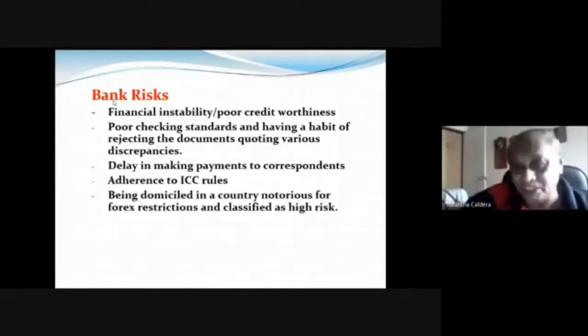Then poor checking standards and a habit of rejecting documents, quoting various discrepancies. Some Chinese banks have this habit. It is not poor checking standards. They do it as a habit of rejecting the documents, quoting various discrepancies.